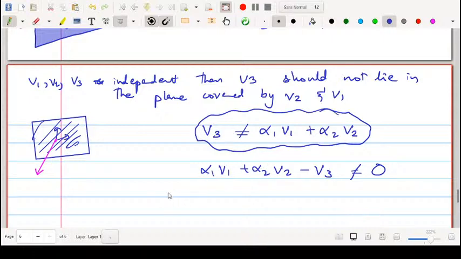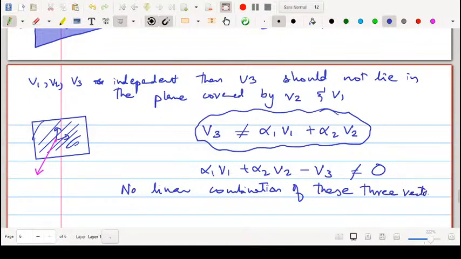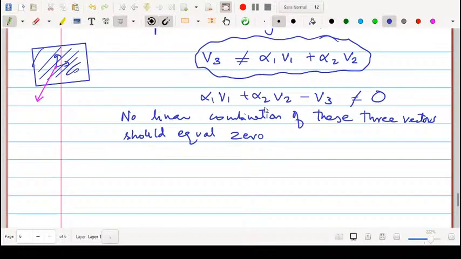I should not be able to find any linear combination of these three vectors that equals 0, because if any linear combination of them equals 0, then I can take one of them to the other side. For example, say I have 5v1 plus 2v2 plus 3v3 equals 0.